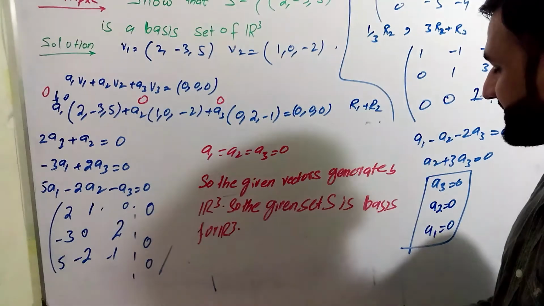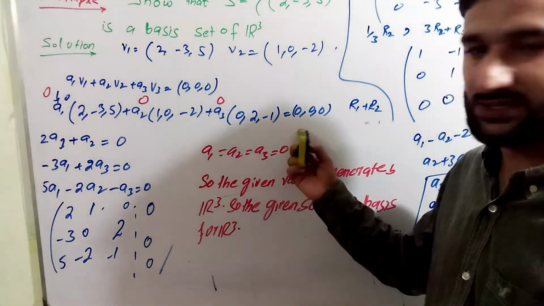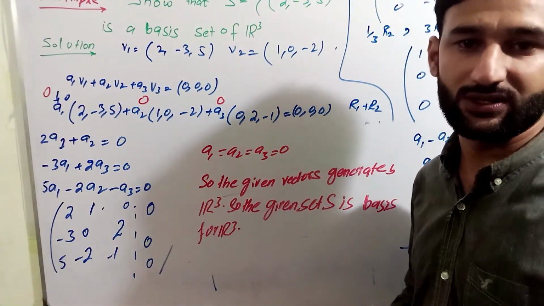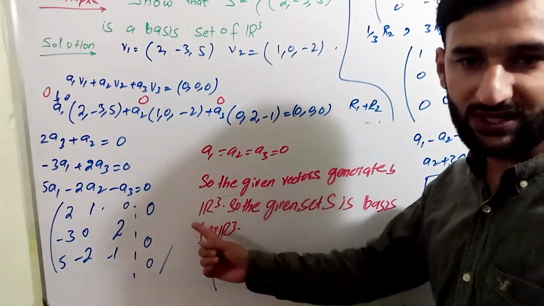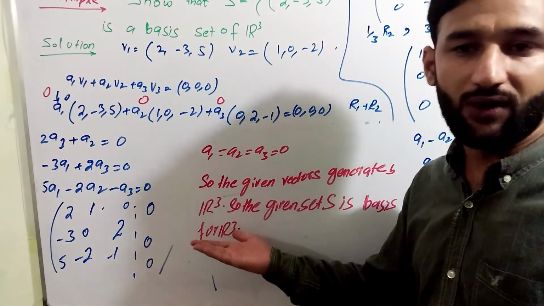So this set basically produces the R3 space if it satisfies the condition. So it means that it generates the space, generates vector R3. So it will be a basis of the R3 space.